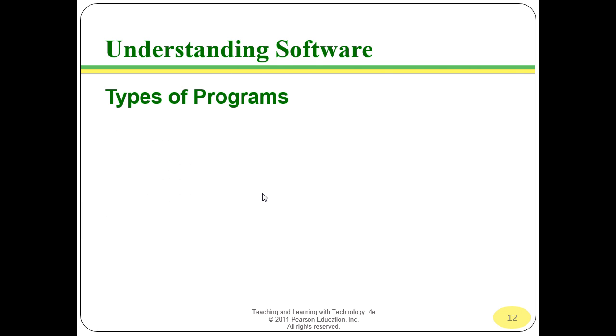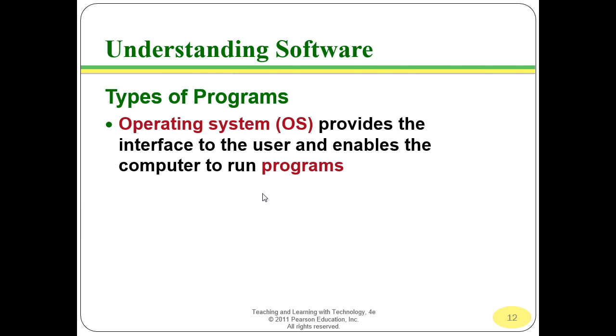Now, what kind of software programs are out there for us? Well, the first and most important type, at least in my mind, is your operating system, or OS. It provides the interface for the user and enables the computers to run programs. This is pretty much the environment that your computer has for you to work in.